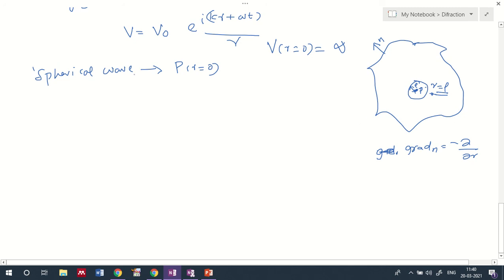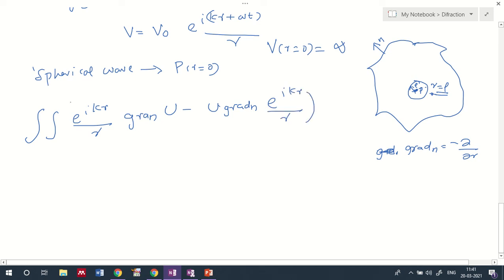So by considering that, we take the equation in this form: e raised to ikr divided by r, gradient n u minus u gradient n e raised to ikr by r, dA.